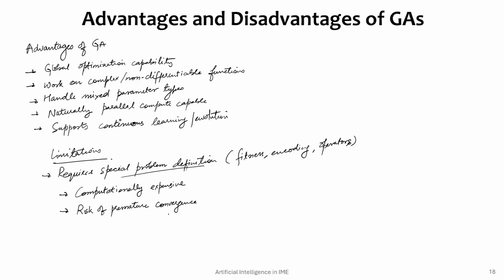So you need to tweak your mutation operator wisely, right. And there is no guarantee of an optimal solution, but for most of the problems you can easily identify an optimal solution, right.